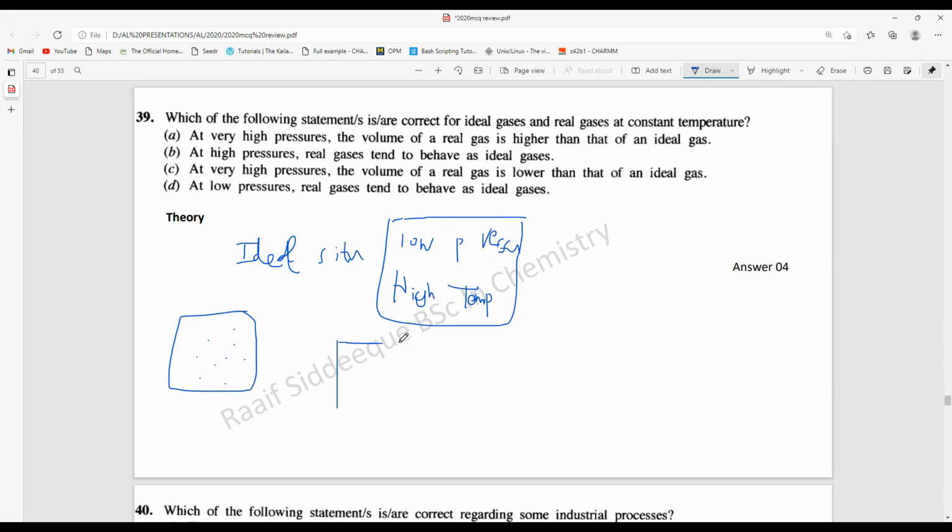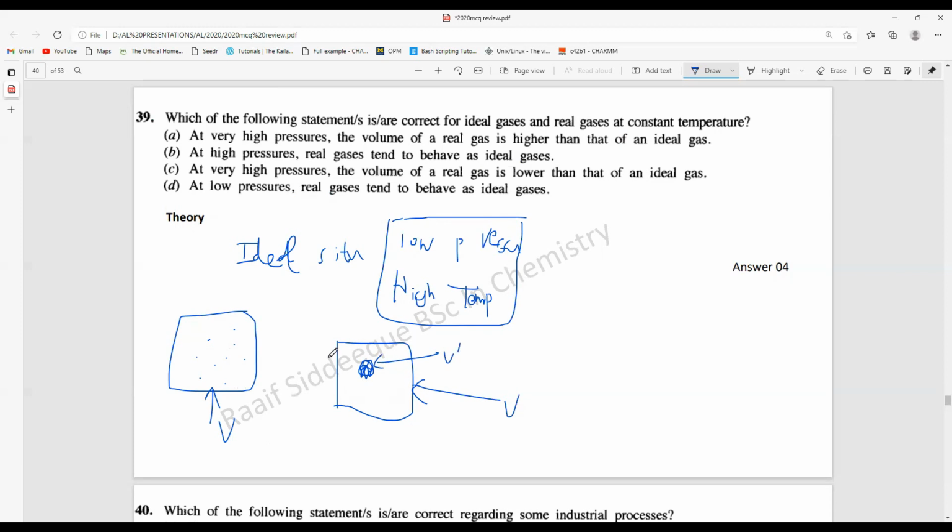For a real gas, let's say this is V, the volume of the container, and here this is also V. A real gas has a certain volume, while an ideal gas does not, so it can go throughout the container. That is why for an ideal gas we use V, the volume of the container, as the volume of the gas. But for a real gas, there is the volume of the real gas, V dash.